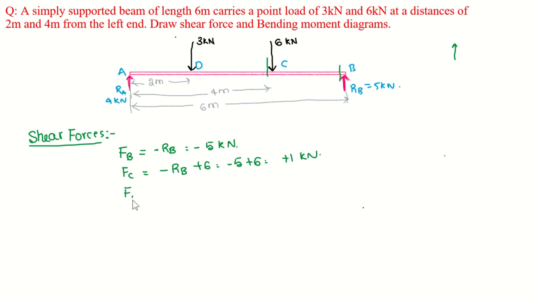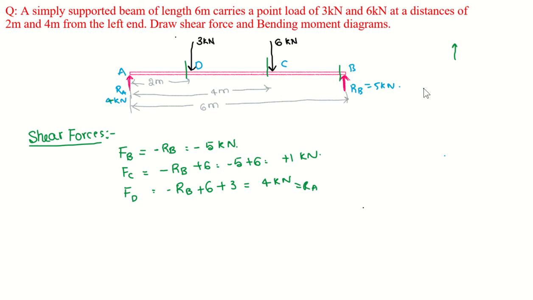Similarly at FD, I have to consider the sum of forces up to the section, up to D from the right. So we have minus RB plus 6 acting downwards, and another force acting downwards, 3, so totally we have 4 kilonewton, and that is equal to the reaction at A, which will be continued up to here.